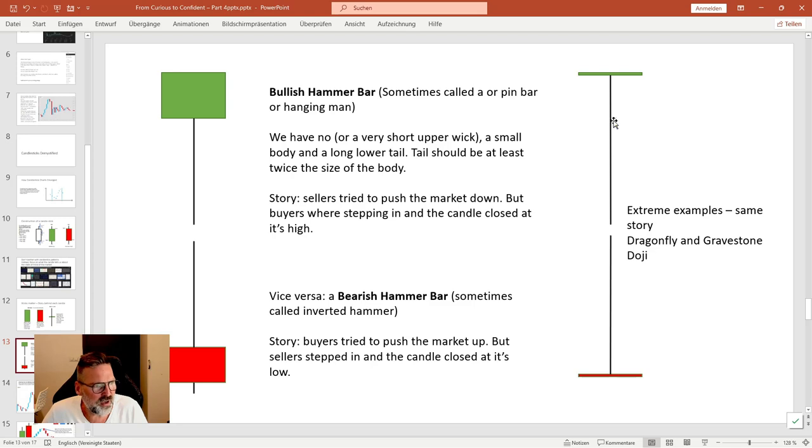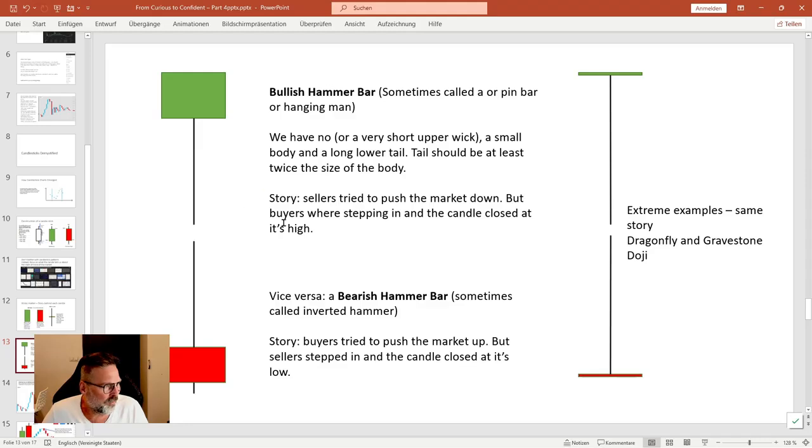These here are extreme examples, now with a very tiny body and only wick. It's sometimes called in the literature a dragonfly doji, but to me it's just an extreme example of a hammer bar.